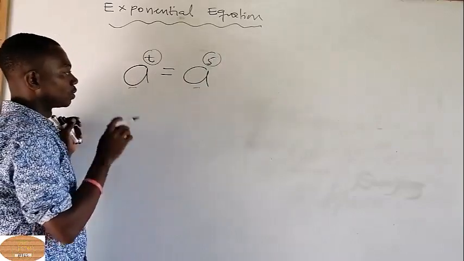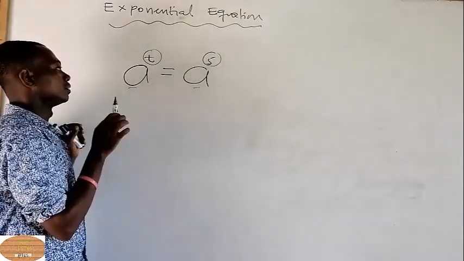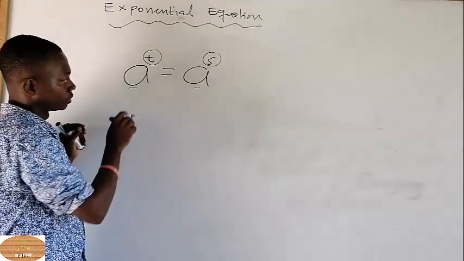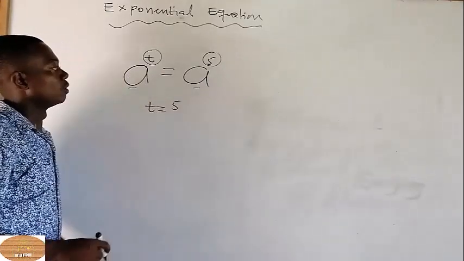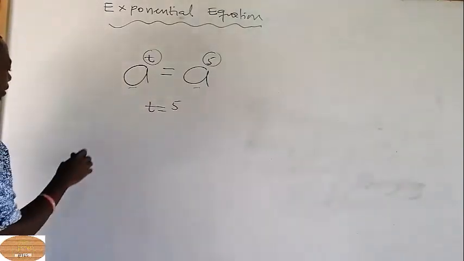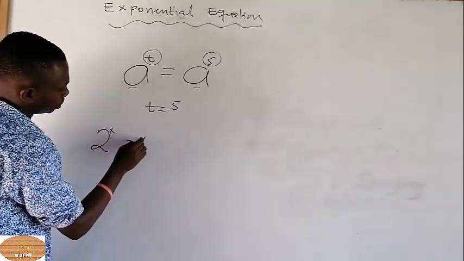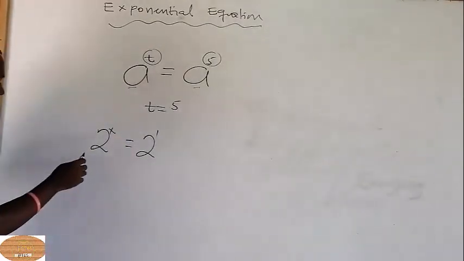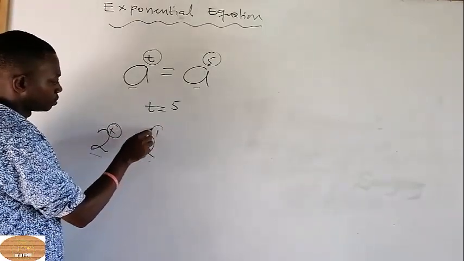Always make sure the bases are the same before you can deal with the exponents. So t is straight away 5. In case you're also given 2 to the power x equals 2 to the power 1, you have 2 here, 2 there, so we can conclude that x is equal to 1.